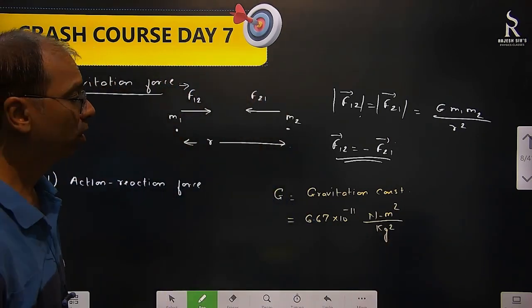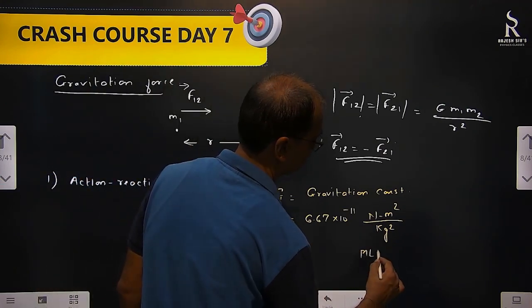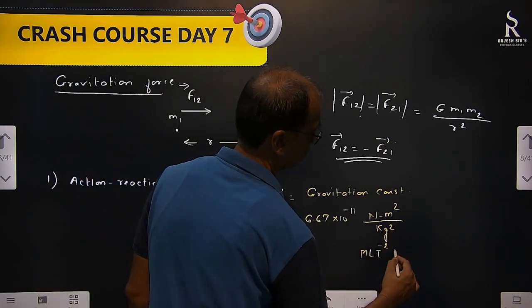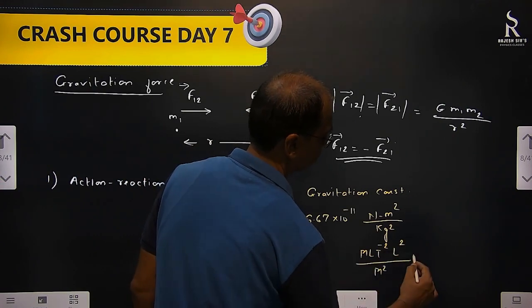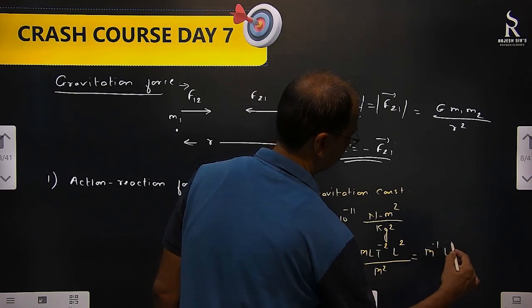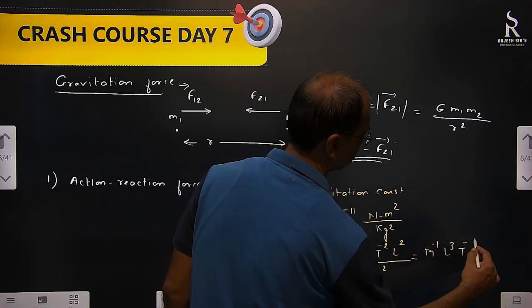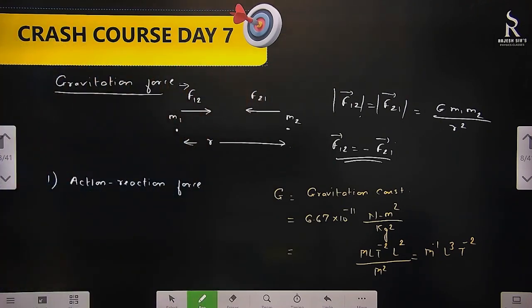Dimensions: Newton's dimension we know, MLT to the power minus 2. Meter square means L square, kg square means M square. So dimensions are M to the power minus 1, L to the power 3, T to the power minus 2.